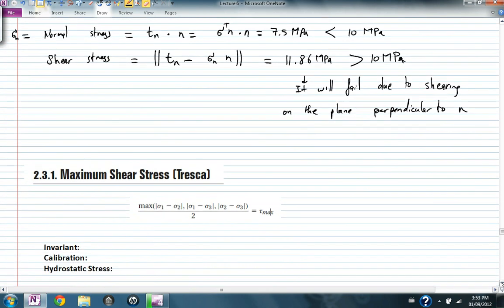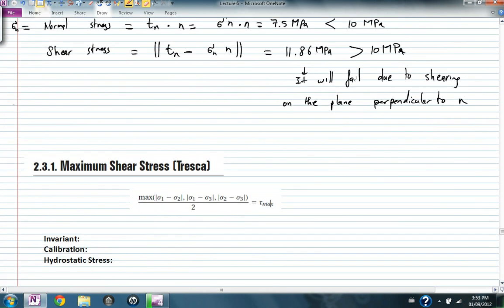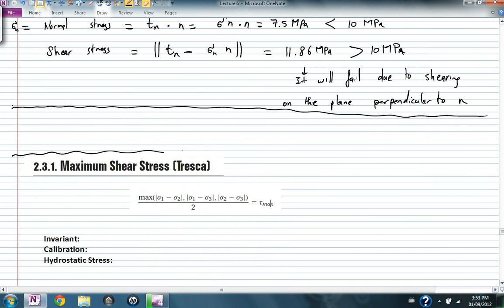Now, for isotropic materials like concrete and steel, we might not need to look at an orientation and just look at one number from the stress matrix, and based on one number from the stress matrix we can find whether the material will fail or not.